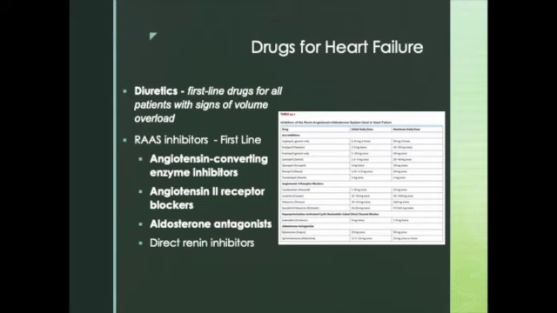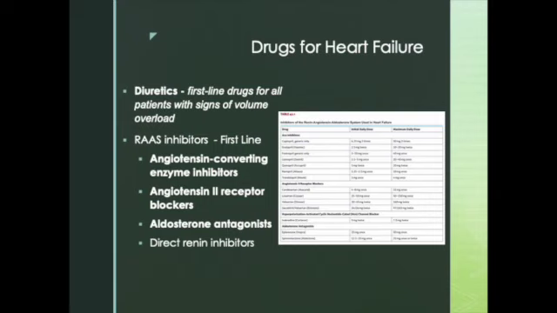Okay, finally, we're going to get to the direct renin inhibitors, and they can shut down the entire RAS. So, in theory, their benefits in heart failure should be equal to ACE inhibitors and ARBs. There is a drug called aliskiren. It has the trade name Tekturna, which is already available.